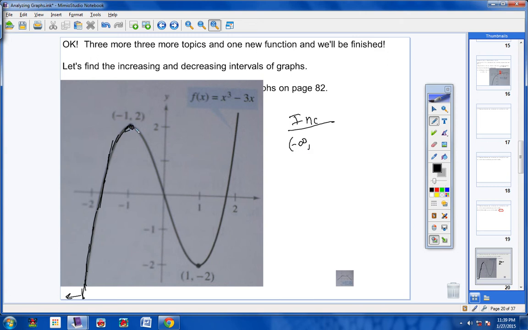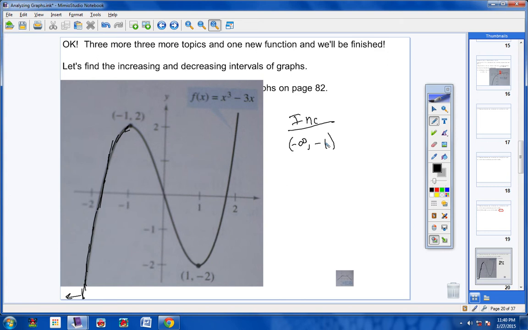Now, are you going to use the y value too, or are you going to use the x value, -1? Remember I told you, always use the x values when you're writing increasing and decreasing intervals. So this thing is increasing from -infinity to here, which is even with -1. And by the way, here's another note you should write down. You always use parentheses for increasing and decreasing intervals.